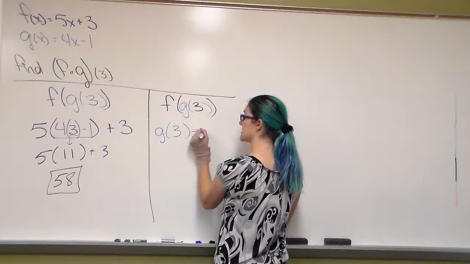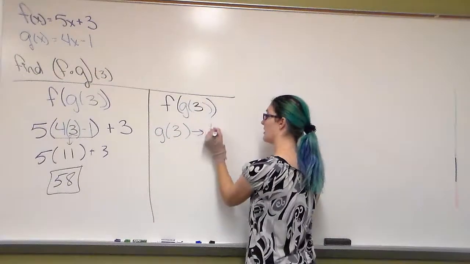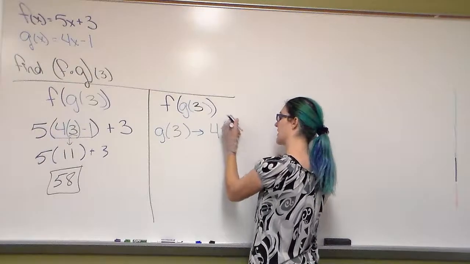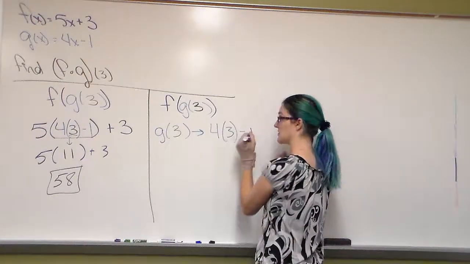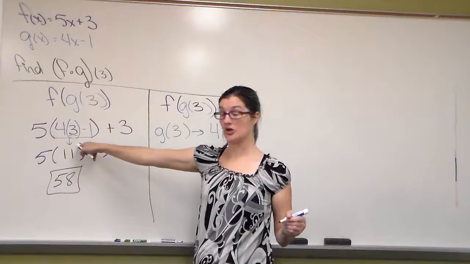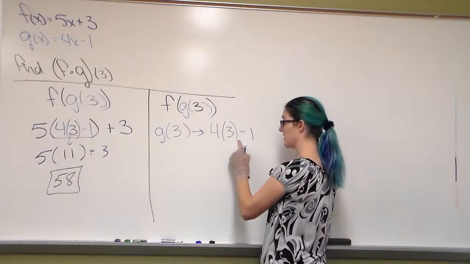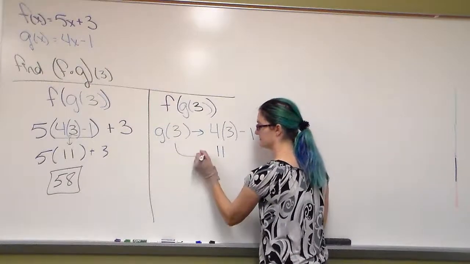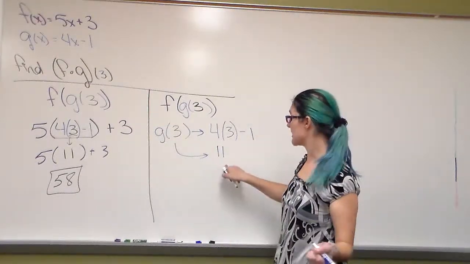And what that means, you're going to take g, and everywhere there's an x, you're going to put that 3. So it's just like we did on the inside here. 4 times 3 is 12. 12 minus 1 is 11. That's your g of 3.